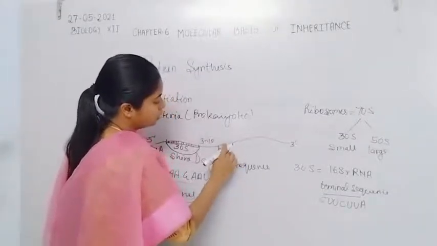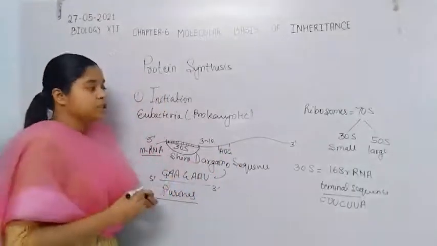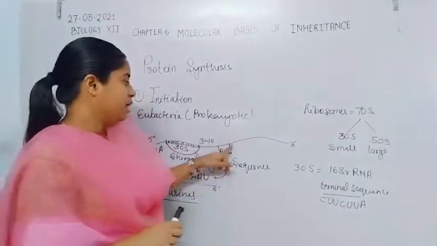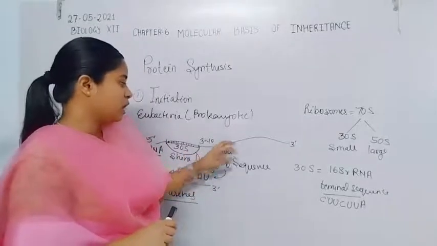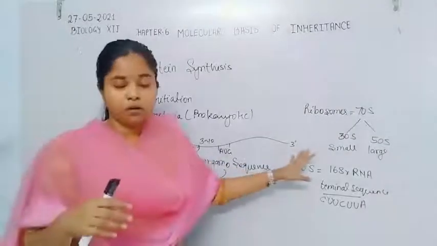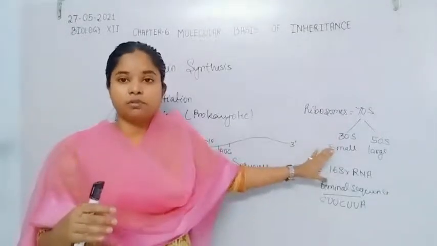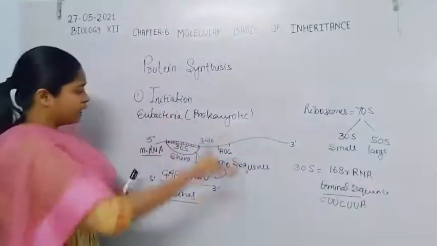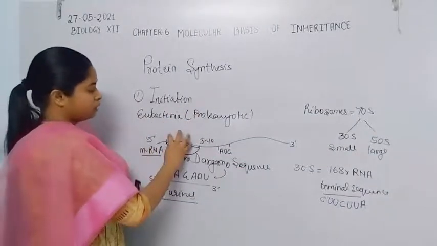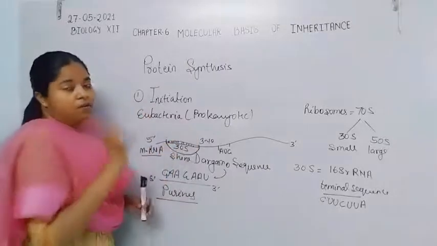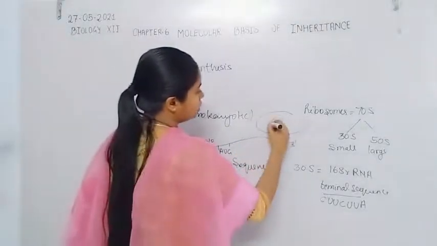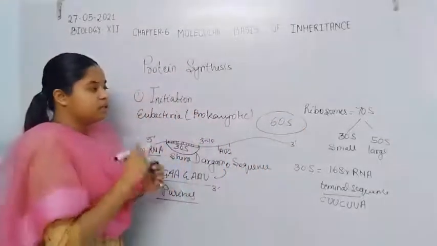The initiation codon is read by the 30S ribosome, and after reading this region, finally the 50S ribosome, the large subunit of the ribosome, binds at this region.